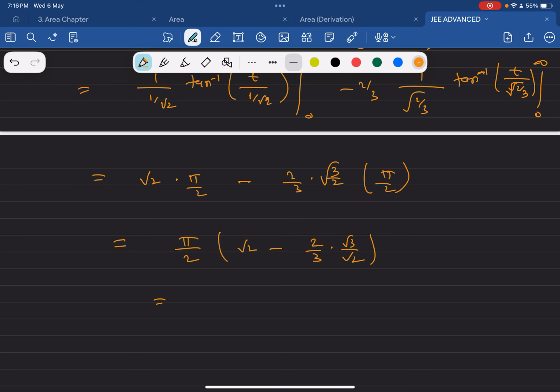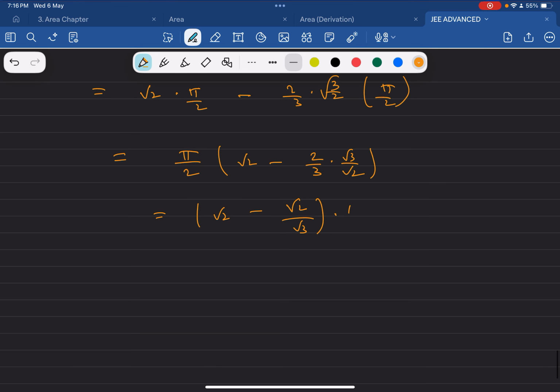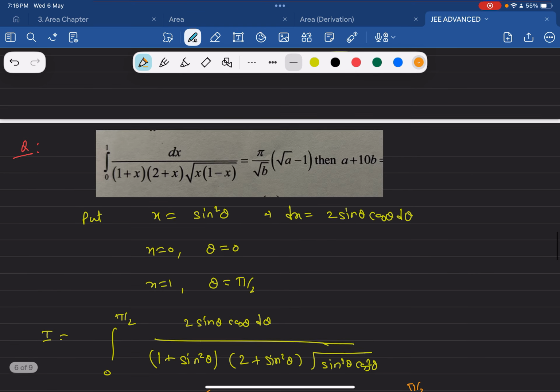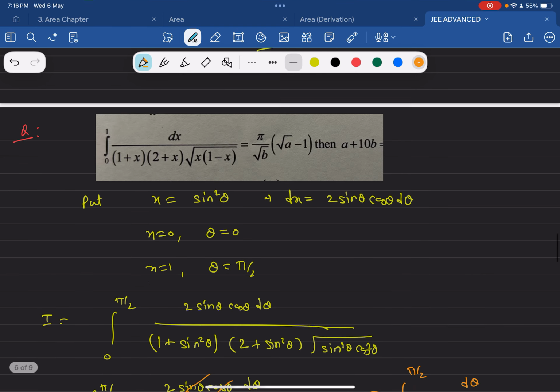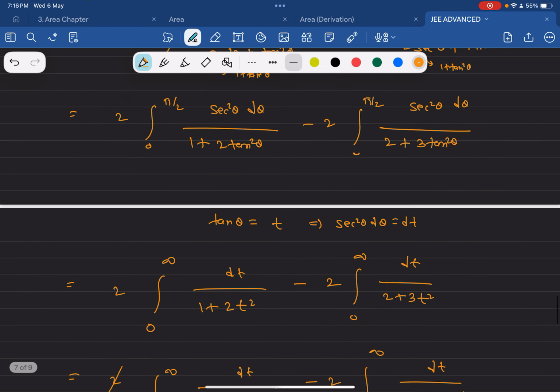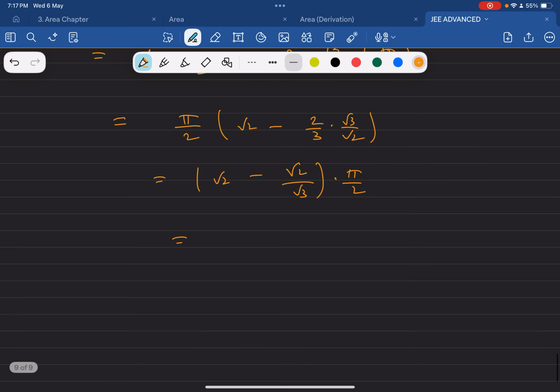If you simplify, this will be minus, so it will become root 2 upon root 3. This is what we are going to get, into pi by 2. So they have given the integral pi by root b common, and root a minus 1.